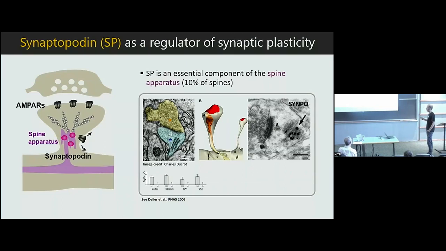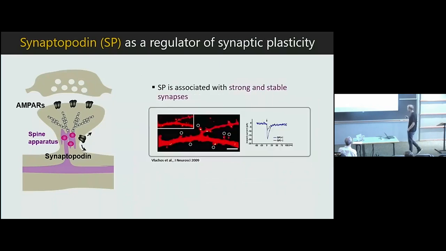And Synaptopodin is an essential component, meaning that if you knock out Synaptopodin, the spine apparatus will not form. The second point is that Synaptopodin and the spine apparatus are associated with strong and stable synapses. Those 10% of synapses are the strongest ones. They mediate the largest currents across the neurons.